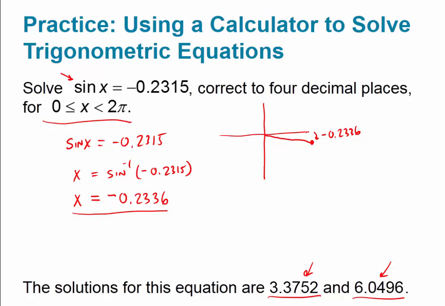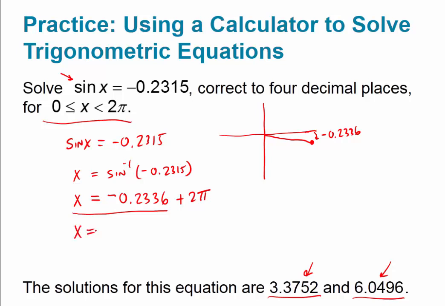One of the easiest things to do here is to start at this negative angle and travel all the way around the circle and get back to it at a positive location. Well, that distance I've just traveled is 2 pi. So one way to get our first answer, which is the easiest one to see, is to add 2 pi to this. So I'm going to take this answer and add 2 pi to it so I can get back to a positive angle measure.